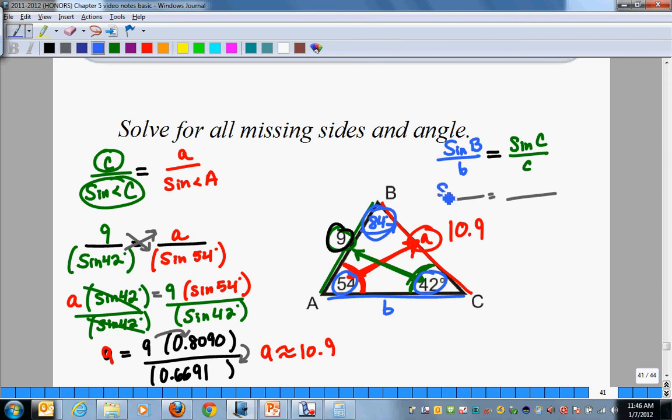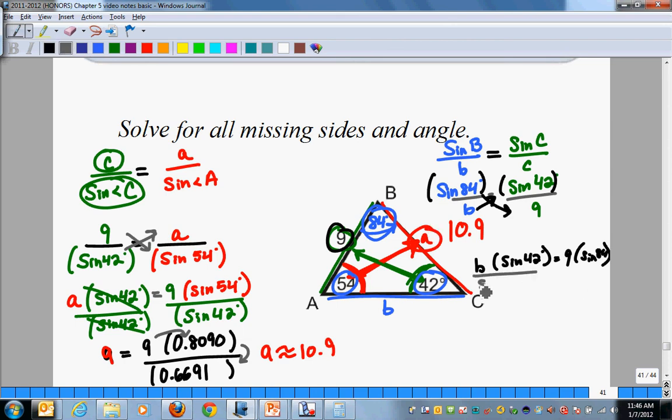So it's going to be the sine of 84 degrees over an unknown B length equals the sine of 42 degrees over 9. Putting parentheses around these, we're going to cross multiply. And we get B times sine 42 degrees equals 9 times sine 84.